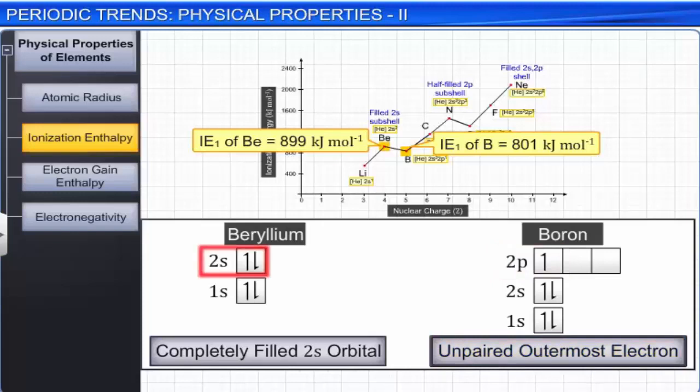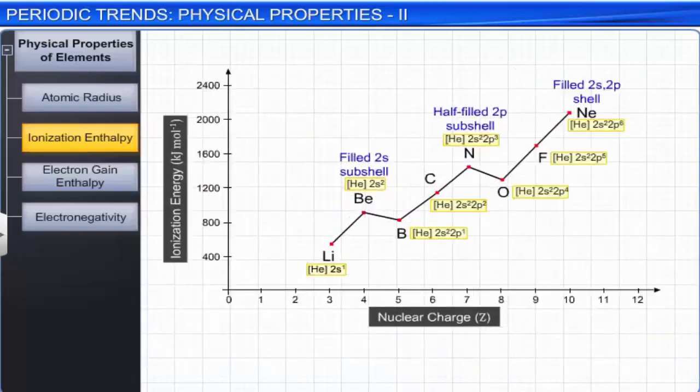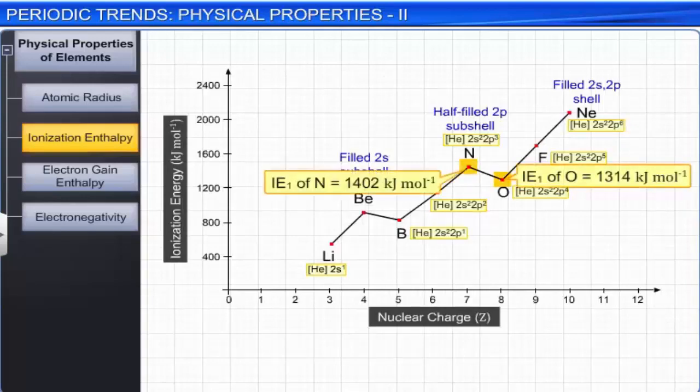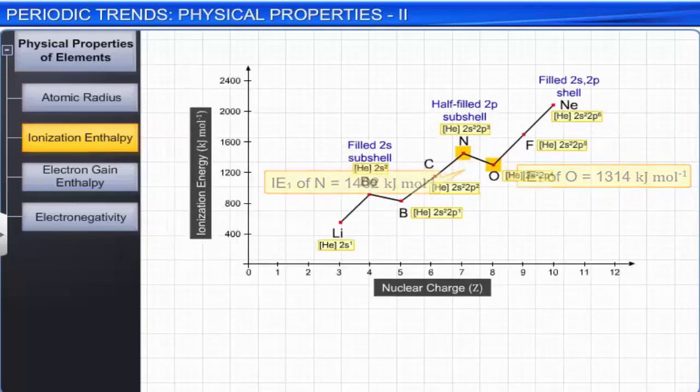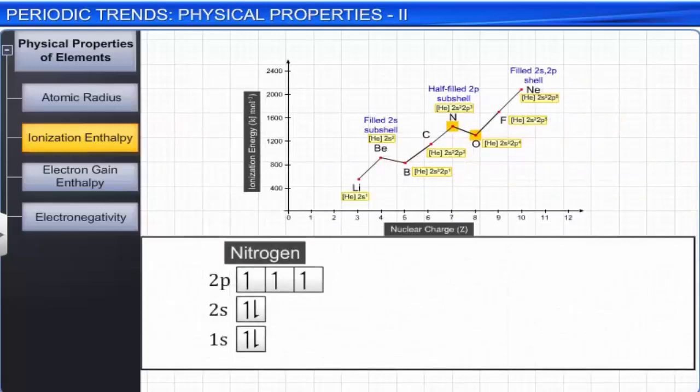The other anomaly is the smaller first ionization enthalpy of oxygen as compared to nitrogen. In the case of nitrogen, the 3 2p electrons reside in different atomic orbitals in accordance with Hund's rule. The half-filled orbitals confer extra stability to the nitrogen atom.